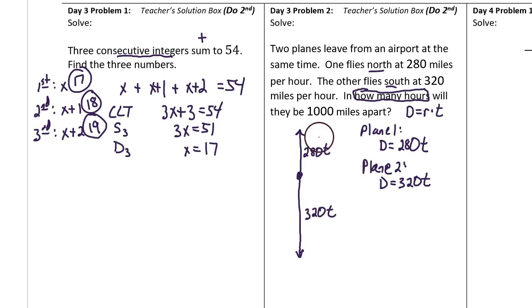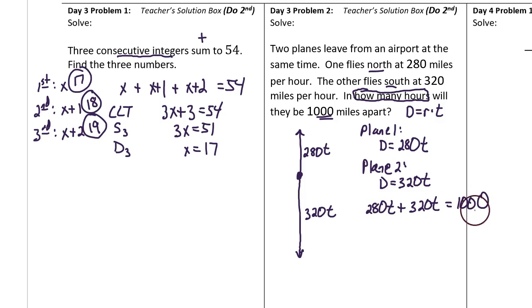And we are told in the problem that the total distance apart is 1,000 miles. So what do we do with these 2 expressions if we know that the total distance is 1,000? That tells us to sum them. So 280t plus 320t is equal to 1,000 miles.